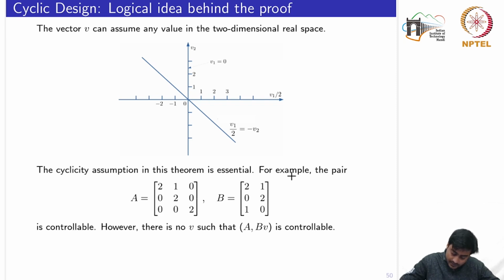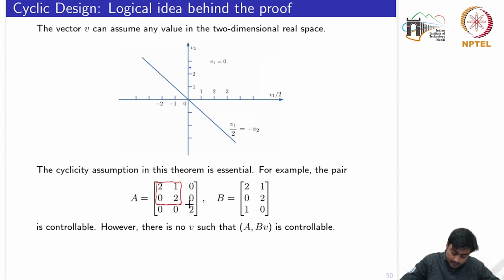We can take another example also. Let's take this pair, which is of 3 cross 3 dimension, and B again contains two inputs. Now this A matrix has three eigenvalues located at 2, but it has two Jordan blocks with respect to one eigenvalue.